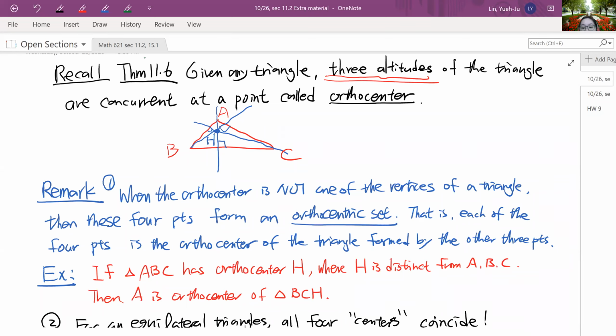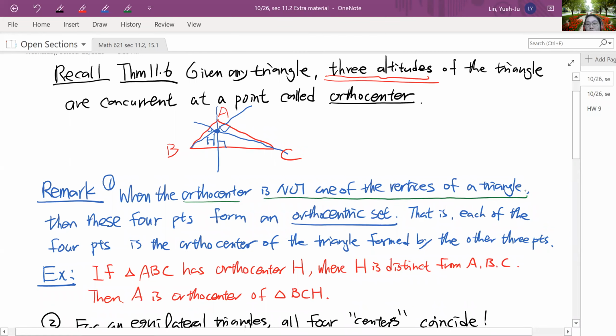So when the orthocenter is not one of the vertices of the triangle, right? This remark only works when your orthocenter H here is distinct from any of the vertices. If this is the case, then these 4 points, the orthocenter plus the three vertices, form what we call an orthocentric set.